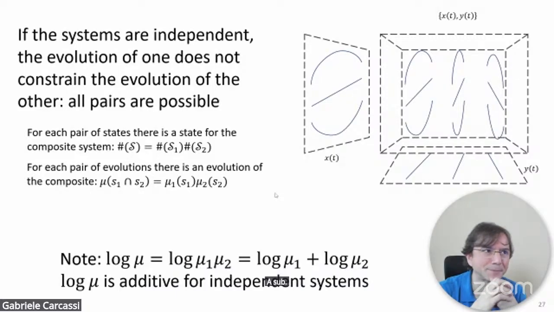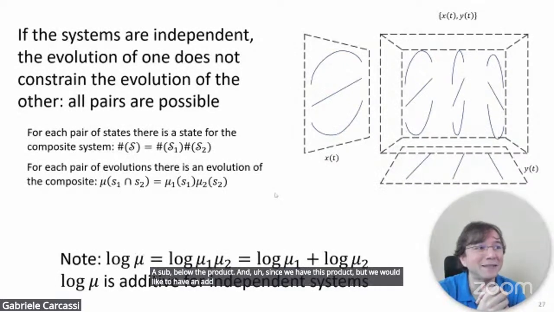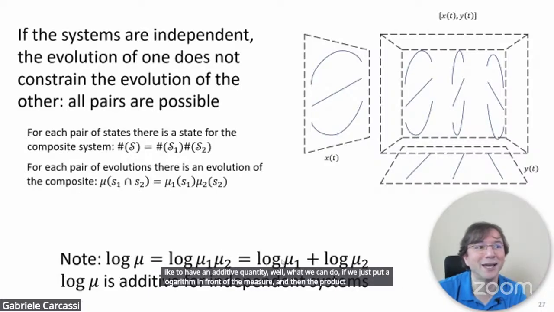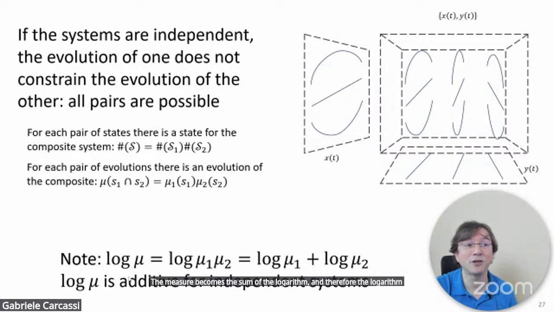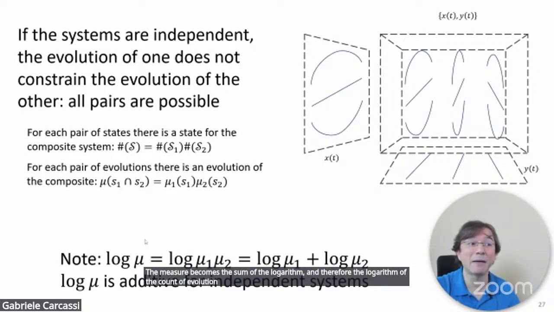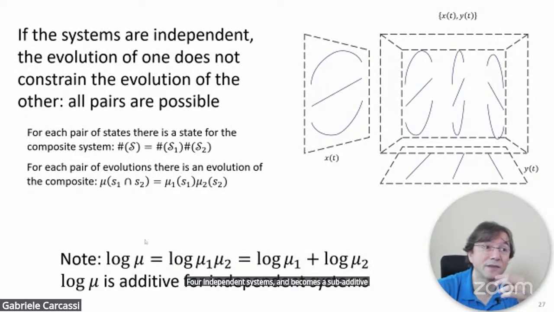below the product. And since we have this product, but we would like to have an additive quantity, what we can do is put a logarithm in front of the measure, and then the product of the measure becomes the sum of the logarithms. Therefore, the logarithm of the count of evolutions becomes additive for independent systems and becomes subadditive in all other cases.